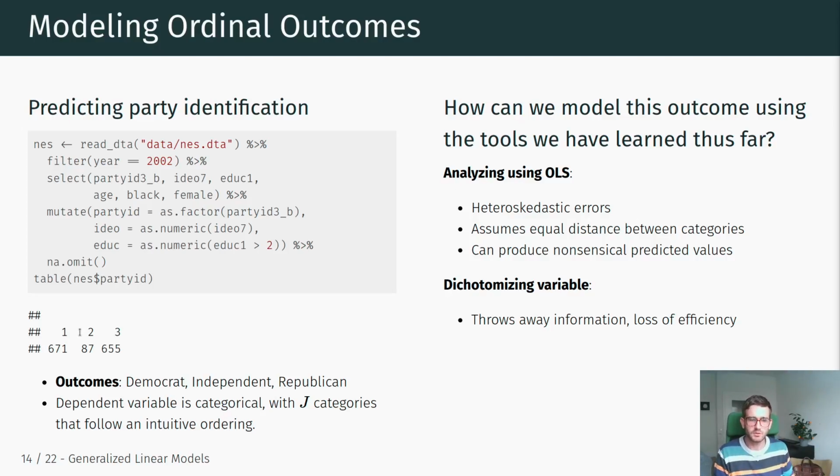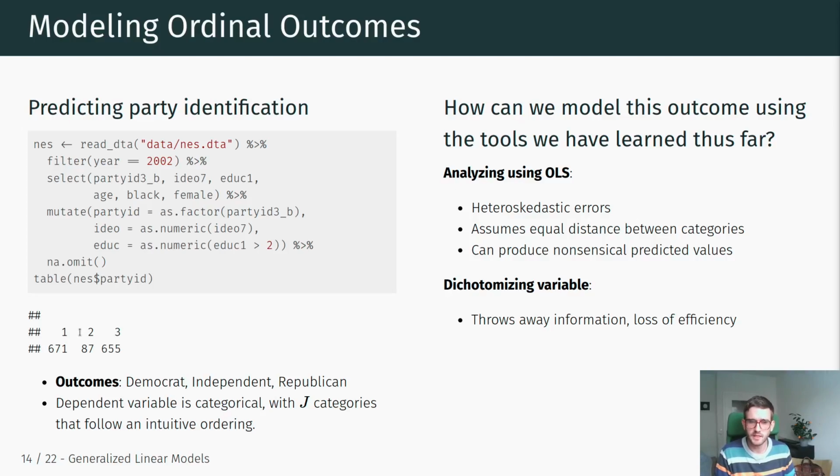Okay, so obviously OLS has some potential disadvantages and issues, but how about just using logit or probit? We could dichotomize, either combine categories or omit one category, and then just run a logistic regression or a probit regression.